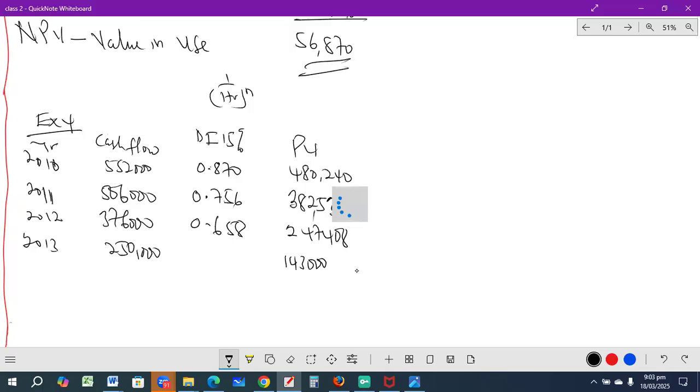So we have 2014, what was the cash flow? 560,000.